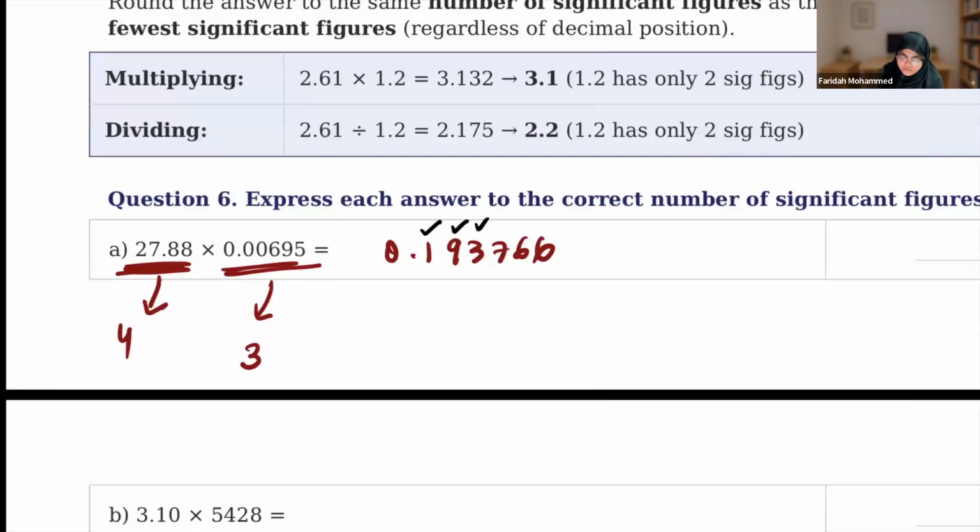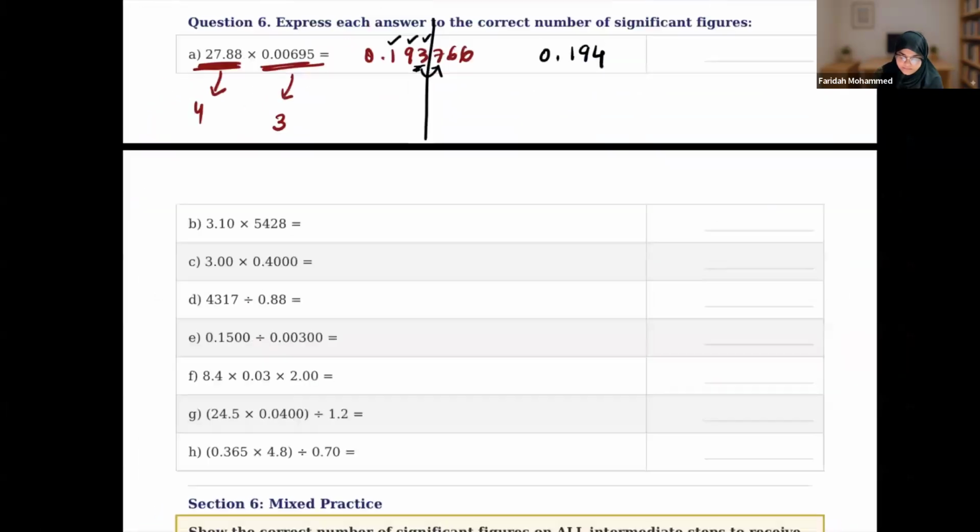You look at the next number. 7 is 5 and above, so 3 becomes 4. You get 0.194. You guys see it? Okay, 0.194.